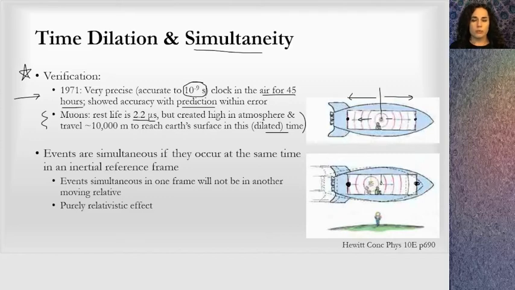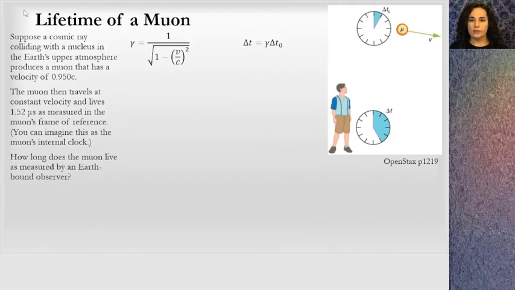So let's look at a problem real quick about time dilation. I wanted to run through a little bit of the mathematics here to get you used to working with the equations alongside the concepts. So I have the lifetime of a muon. It says, suppose a cosmic ray colliding with a nucleus in Earth's upper atmosphere produces a muon that has a velocity of 0.95c, so 95% of the speed of light.